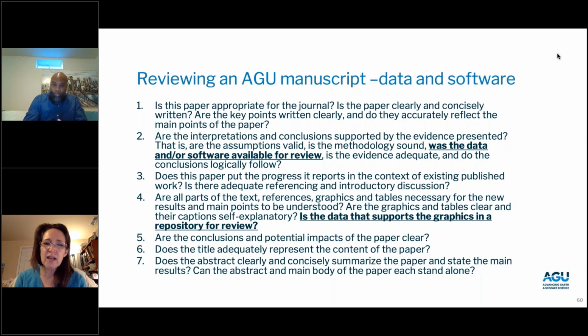If an author has a question, I'm thinking forward on our slides and I'm not sure that we've actually provided this information, but if an author is trying to understand our process, what would you recommend, at least for AGU journals, for them to do to get their questions answered? Sure. There's a couple of things they can do.